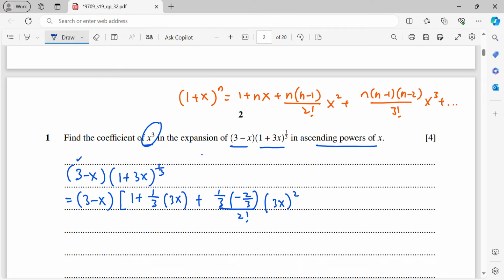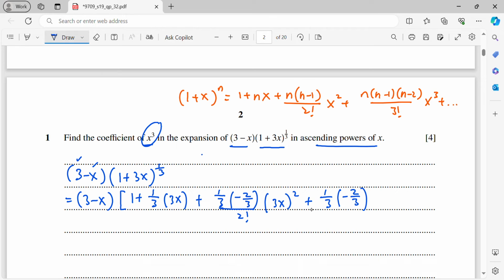because you need to get x cubed and there is a 3 here. This is a constant. That means we need to expand until x cubed, because the next term already has x, which means we just need to multiply this minus x with x squared. So in general, my expansion must be up to x cubed.